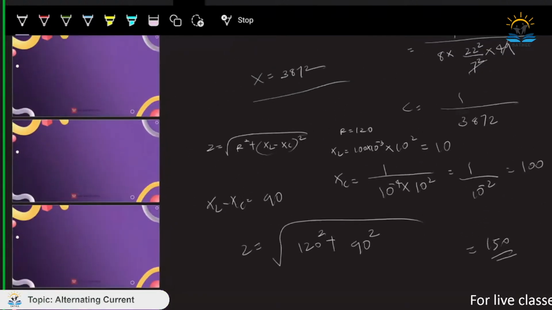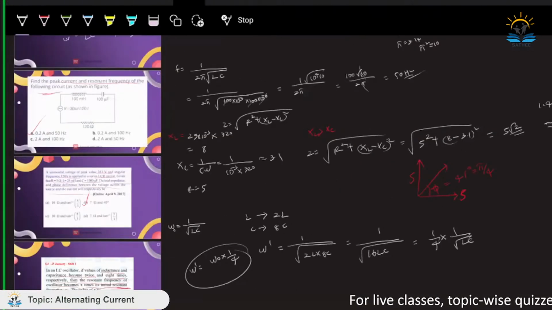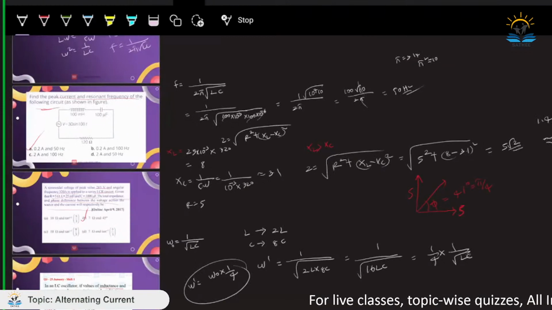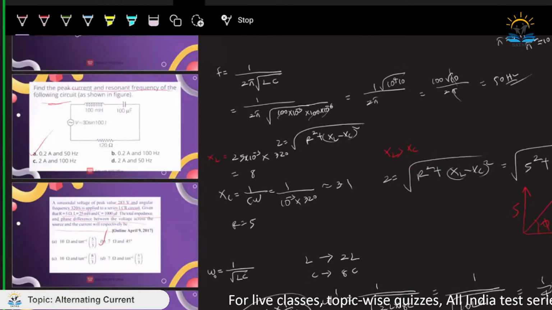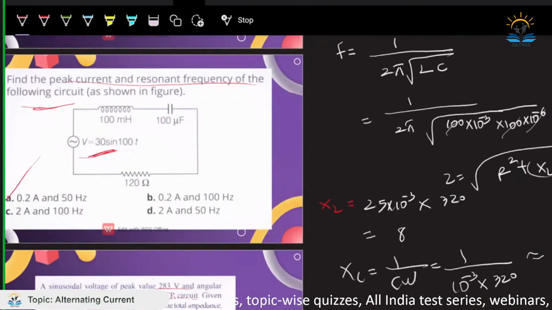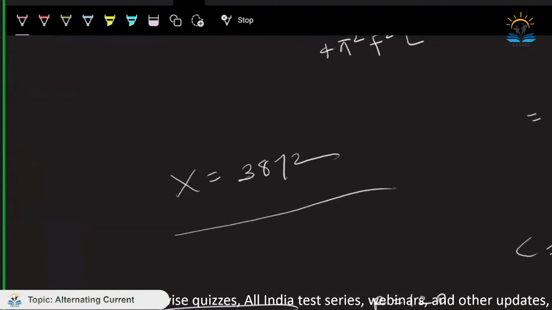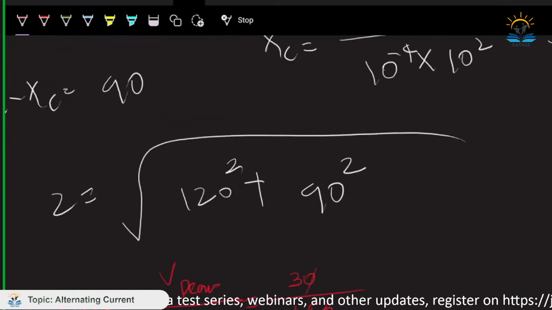So peak current will be V peak divided by Z. V peak is 30, so 30 by 150, which is 3 by 15, which is 1 by 5. That is 0.2 ampere. So yeah, so those are the mathematics calculations.